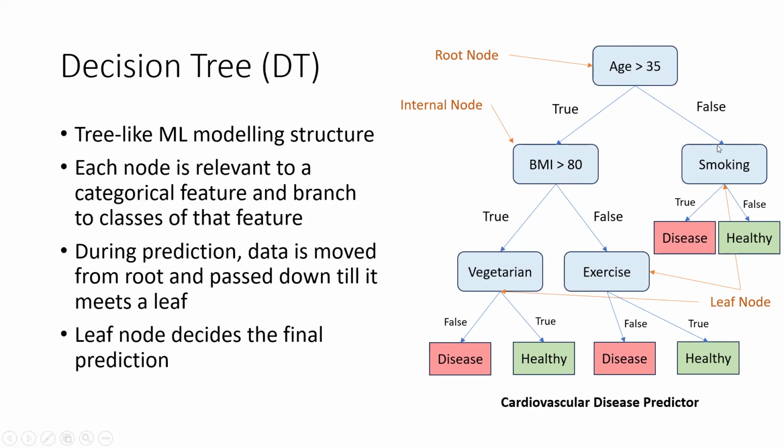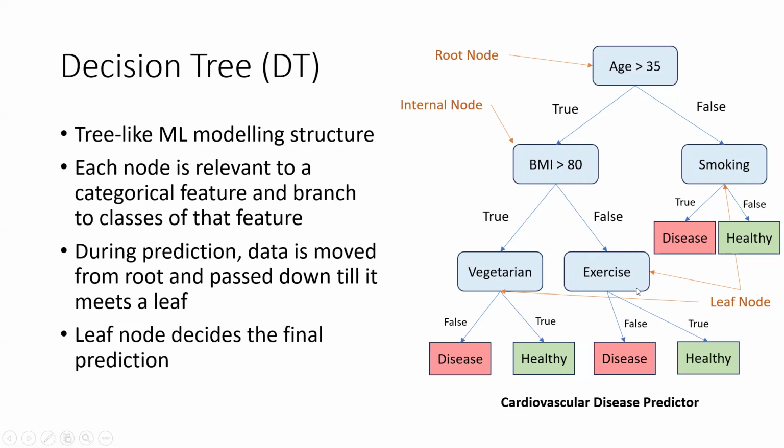If age is greater than 35, then we check whether that person is smoking or not. And after checking whether the body mass index is greater than 80, then we check whether he's a vegetarian or not, or whether he's exercising or not. So those are also some of the variables that we are using in this decision tree: whether the age is greater than 35, the BMI is greater than 80, whether he's smoking, whether he's a vegetarian, whether he's exercising.